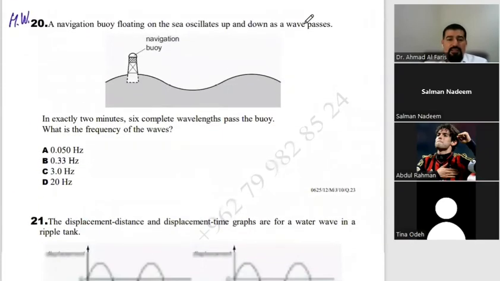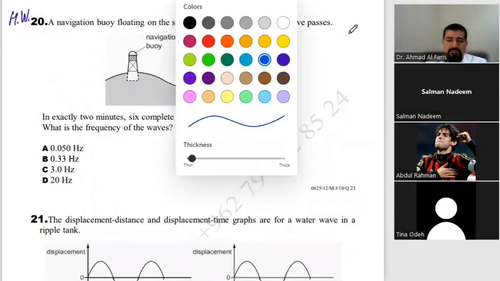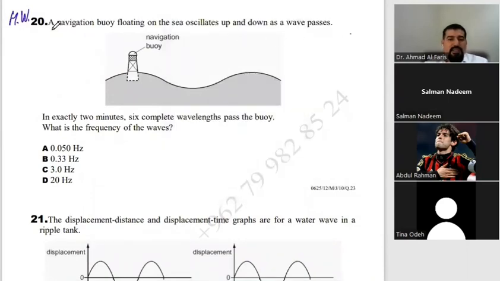Number 20. What do we have here? A navigation buoy floating on the sea oscillates up and down as the wave passes. In exactly 2 minutes, we have 6 complete wavelengths pass the buoy. What is the frequency? Now we know that frequency equals the number of vibrations divided by time.